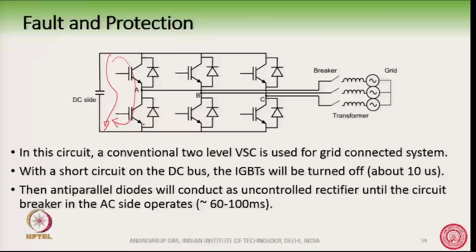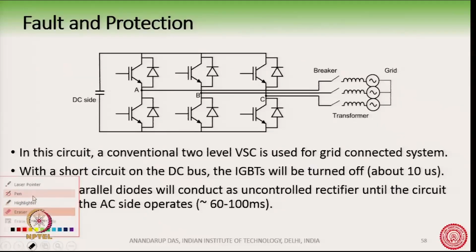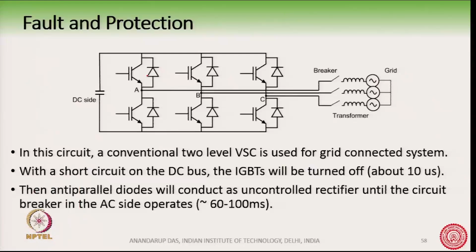So, if I see this circuit, we will shut off the IGBT. So, what will happen now in this circuit, once we have turned off the IGBT? We will turn off all the 6 IGBTs. So, this is off, these are all off.